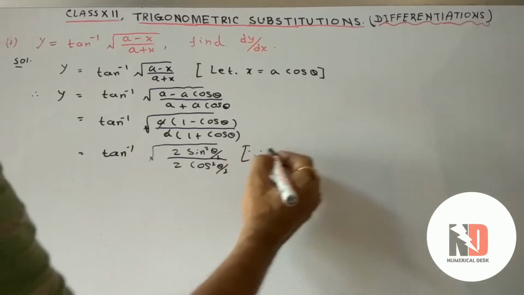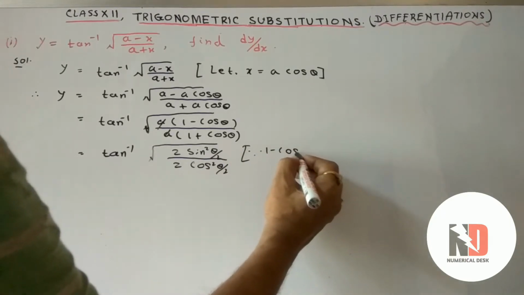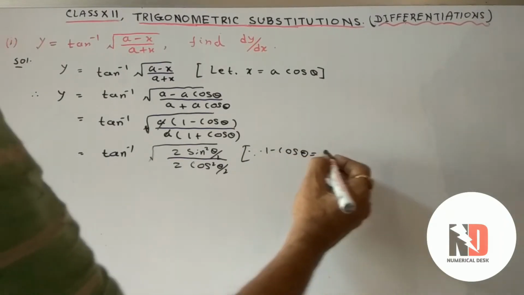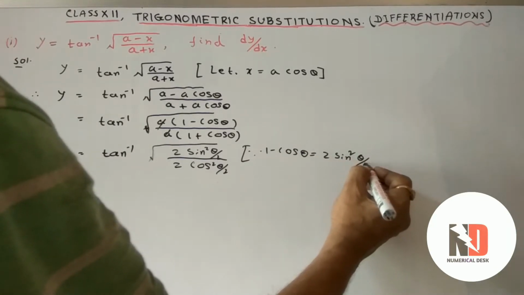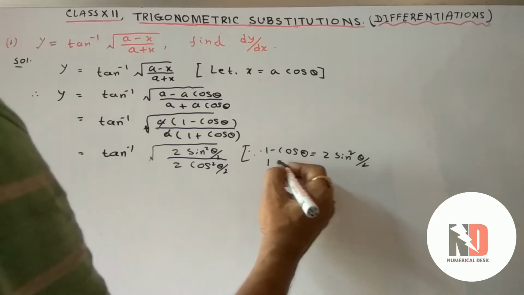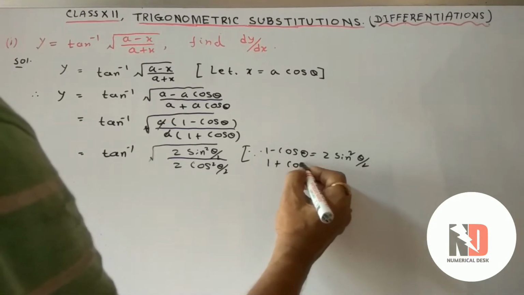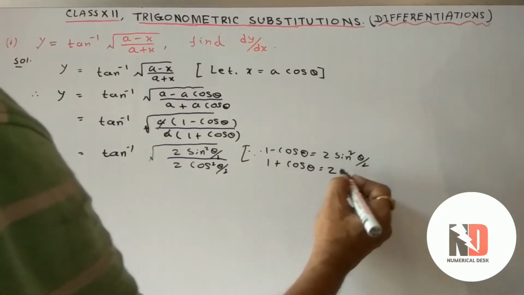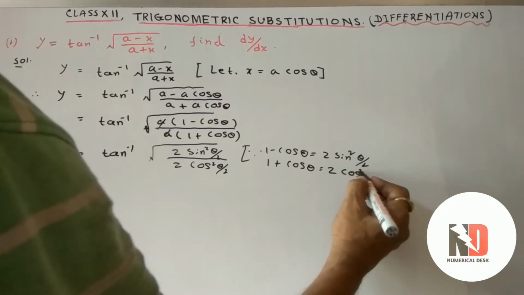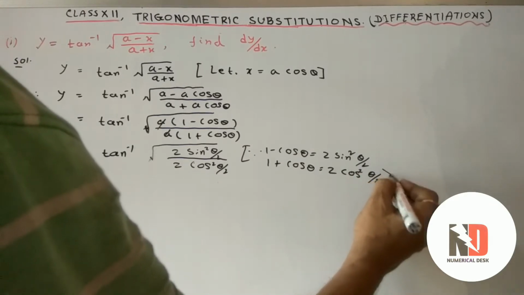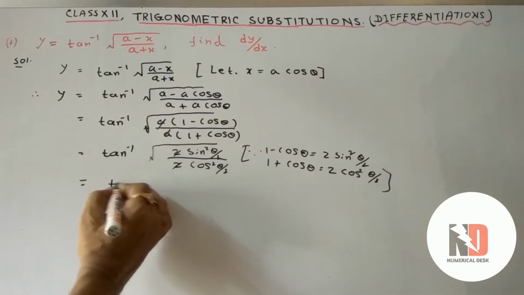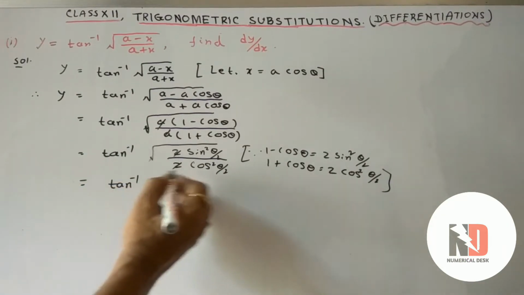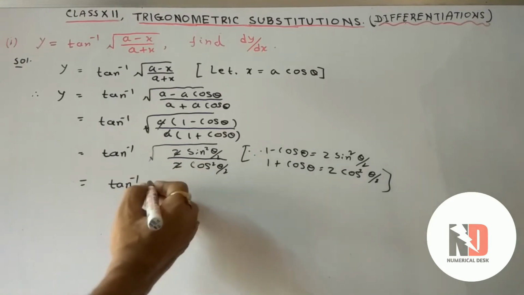Fine. So you have to give the reasons for what you have replaced. Now it is tan inverse of tan theta by 2.